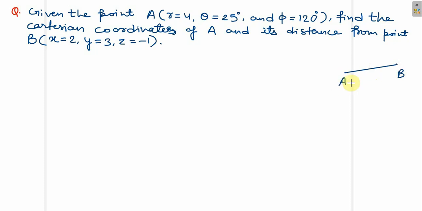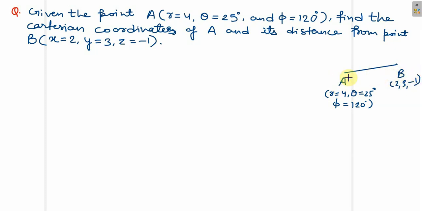Okay, but this A point, it is given in your what? It is given in spherical coordinates. Okay, so here r equals to 4, theta equal to 25 degree and phi equal to 120 degree. Okay, and the B point here, x equals to 2, y equal to 3 and z equal to minus 1.